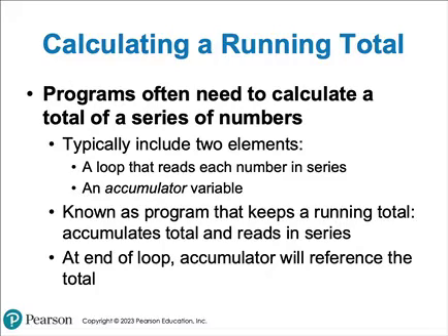So for example, I have programs to calculate your grades. So I ask how many grades there are, and then I ask for that many grades, and as I enter the grades, it does a running total, and then it takes that running total and divides it by the number of assignments there were, and then that gives me the student's homework grade. And then I would actually go back and do that for the next student.